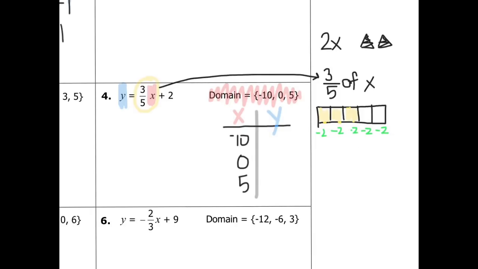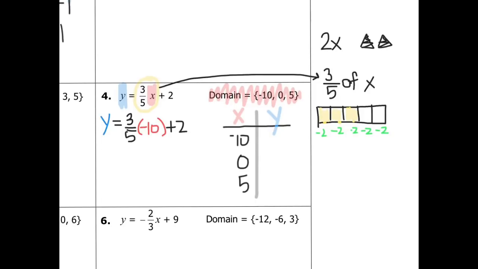So I'm going to go back to my math here and say for my first one, I have y equals 3/5. I'm going to use parentheses for my substitution for multiplication here. 3/5 of -10 plus 2. Well, I over on the right-hand side have calculated that 3/5 of -10 is -6.